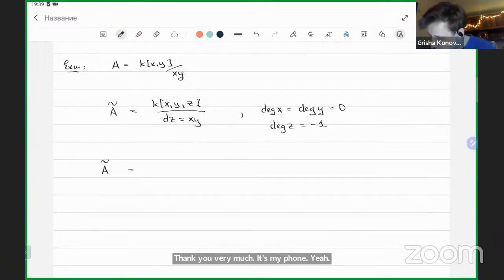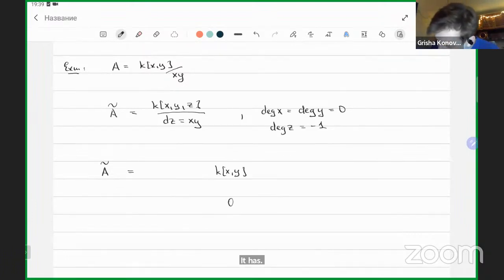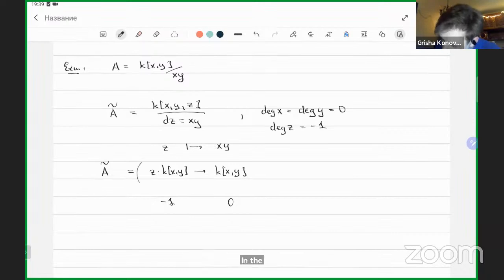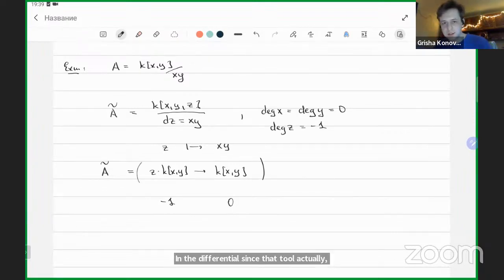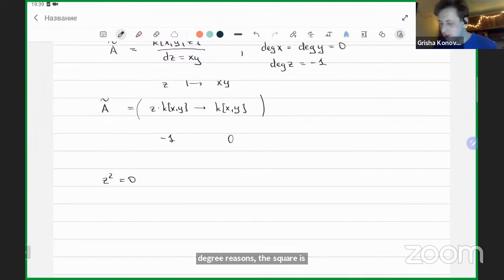And the underlying complex looks like this. It has k of x and y in degree 0, and it has z times k of x and y in degree -1, and the differential sends z to xy, and it has nothing in degrees which are strictly less than -1, because z squared is 0 for degree reasons. z is odd, so it anti-commutes with itself, so that square has to be 0.